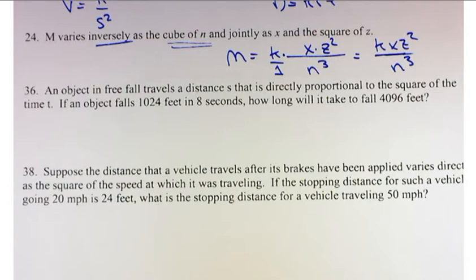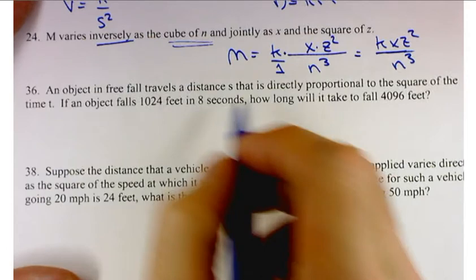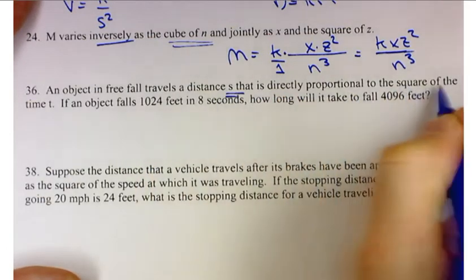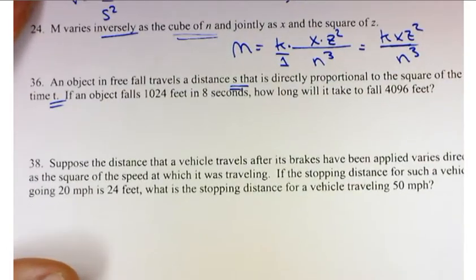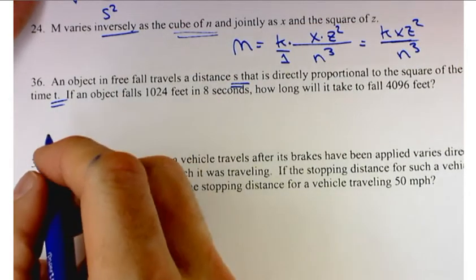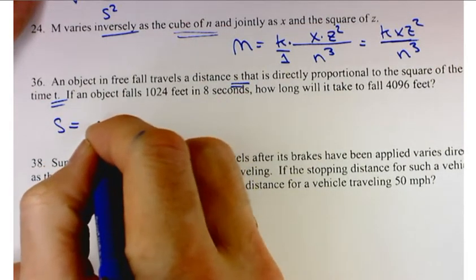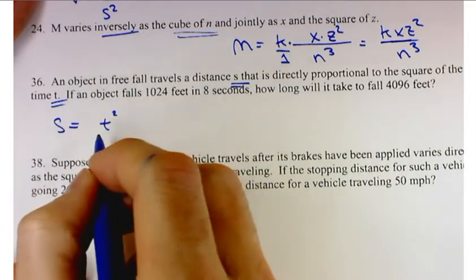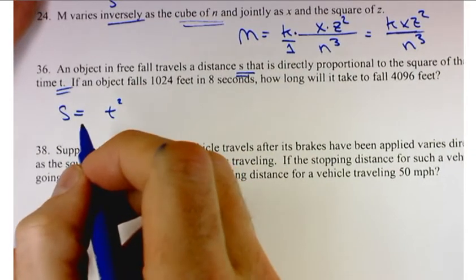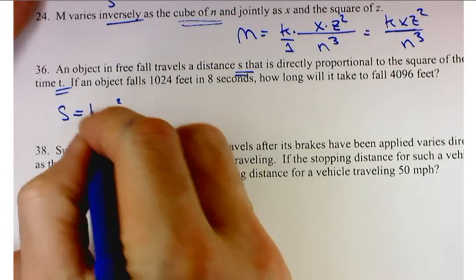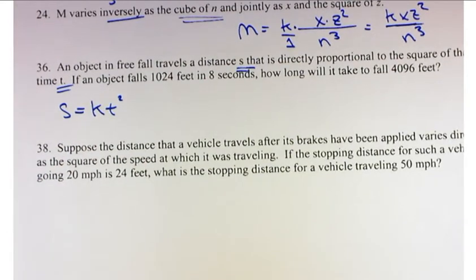What model would that give me? Square of time. There's something I'm missing here, though. Good, the k. That k is what we're going to have to determine next. But the first step is to figure out your model. So s equals kt squared.